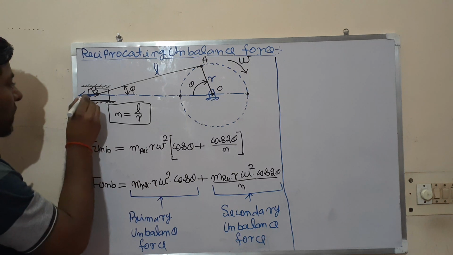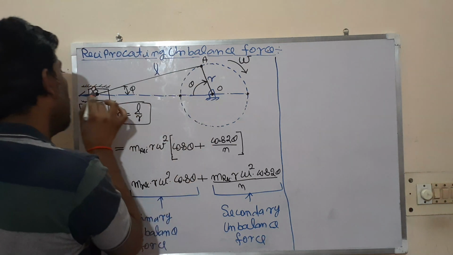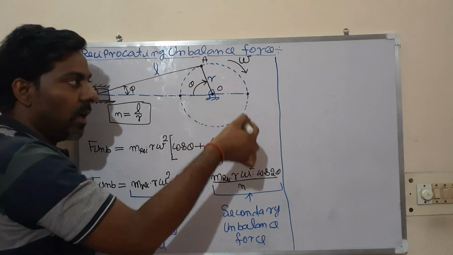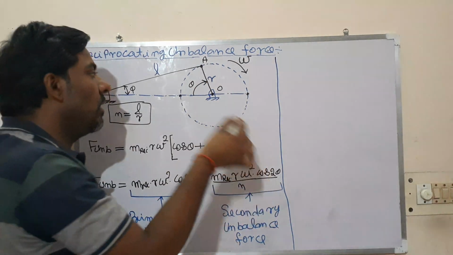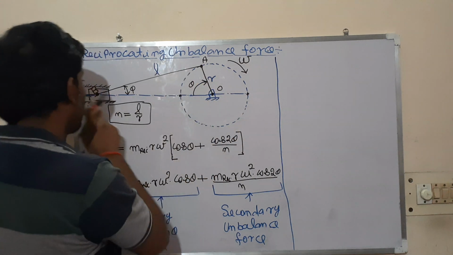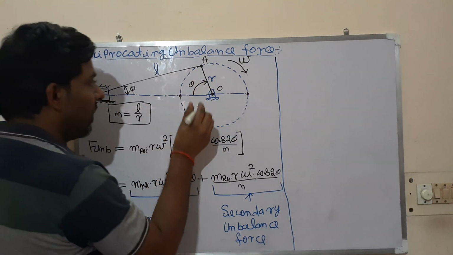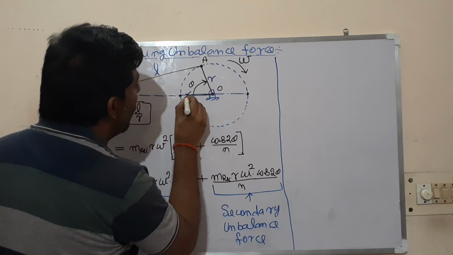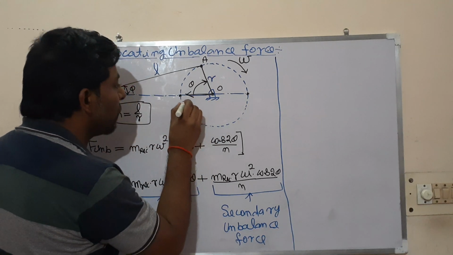That inertia force at the piston can be transferred, because this is along the line of stroke, and can be shown at any other point along the line of action. So this is the inertia force, which is the unbalanced force.